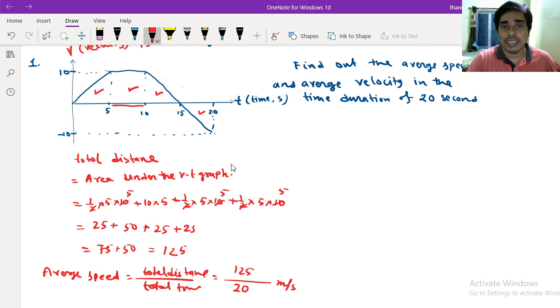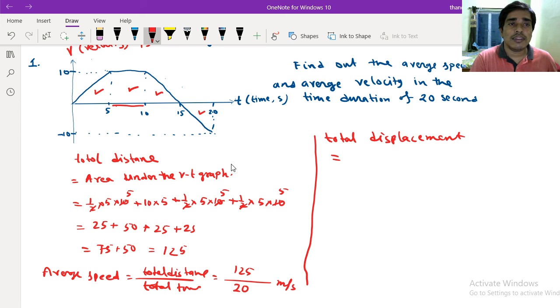Now you have to calculate the average velocity. For that, you have to calculate the total displacement. In this case, this is a plus value, but this will be minus. So it will be half into 5 into 10 for this case, and in this case it will be 5 into 10, and in this case half into 5 into 10, with a minus because this is a minus coordinate.